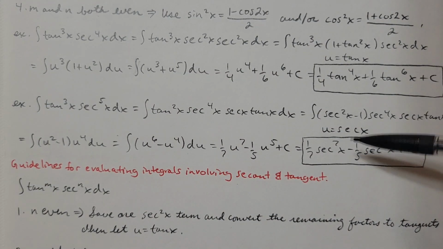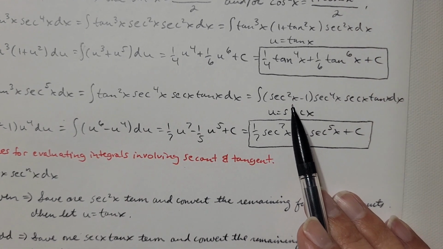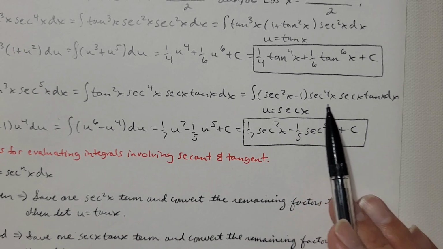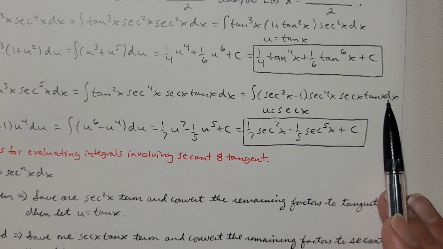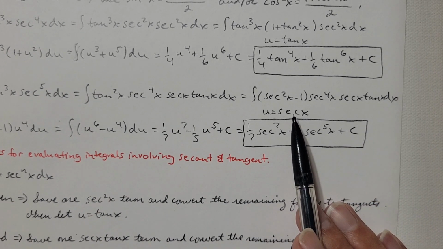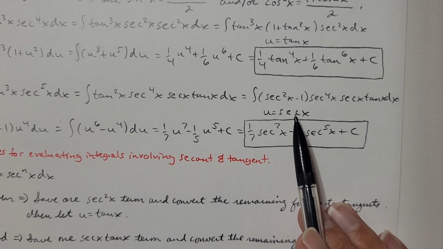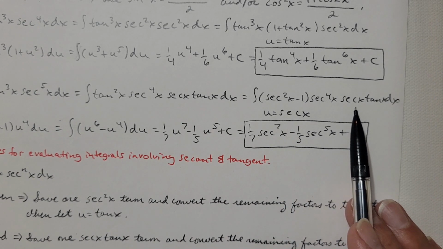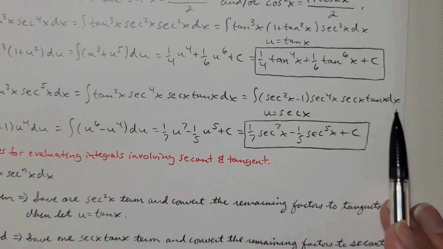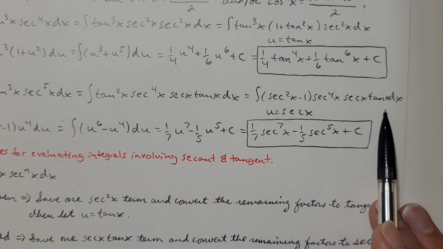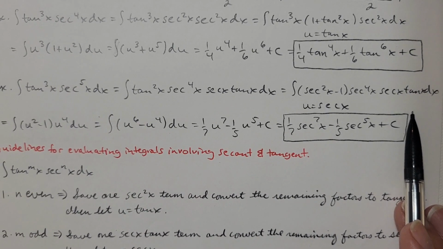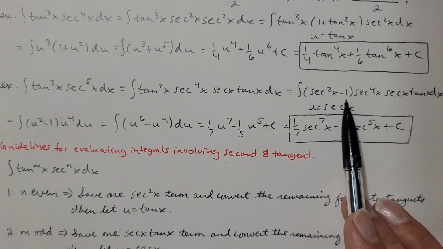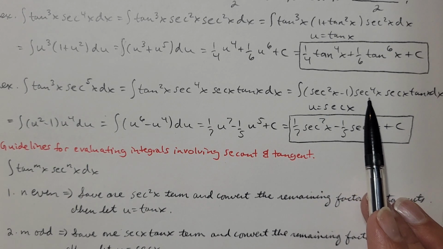So I use that identity there, and I'm getting everything involving secants in the integral, except for this last part here, secant x tangent x, and that allowed me to use a u substitution. If I let u be secant x, then du is secant x tangent x dx, right? So I'll be able to knock out the rest of that integrand there. And the new integral involving u would be the integral of u squared minus 1 times u to the fourth du.